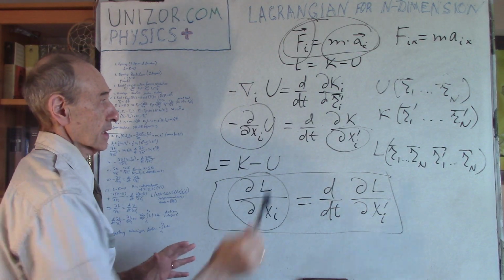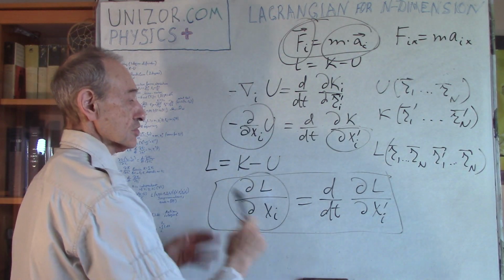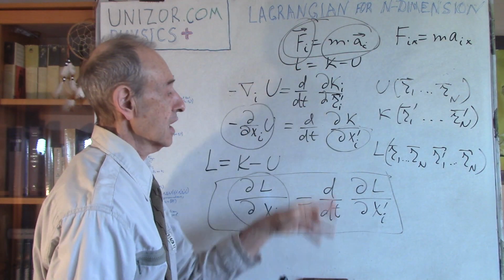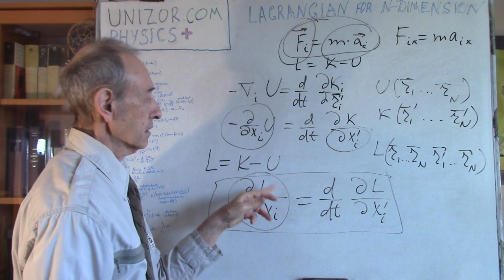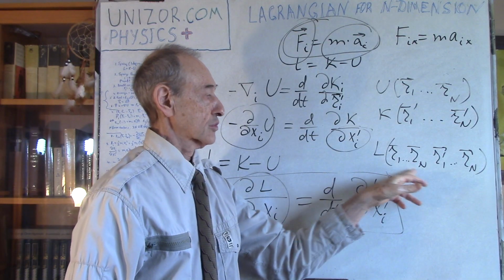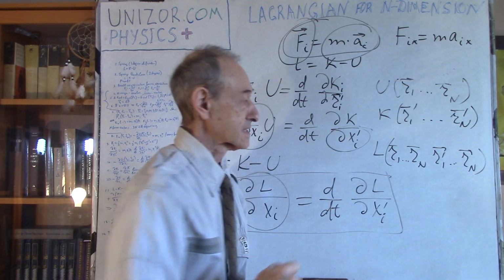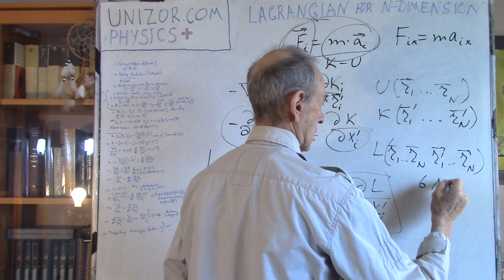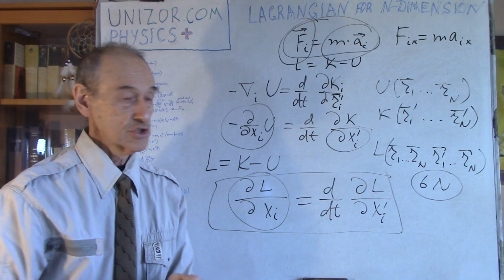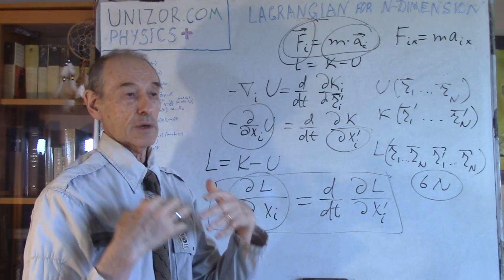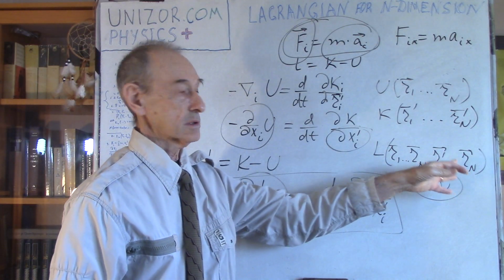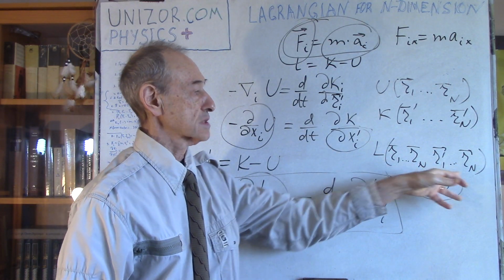That's it. So I have basically derived a different equation which looks different, looks actually more complicated, quite frankly, than this. But it's simpler because L is just one particular function which depends on 3n and 3n, so 6n parameters, which is a combination of kinetic and potential energy, which are scalars, which means we can calculate this total energy in a completely different way based on all these parameters.